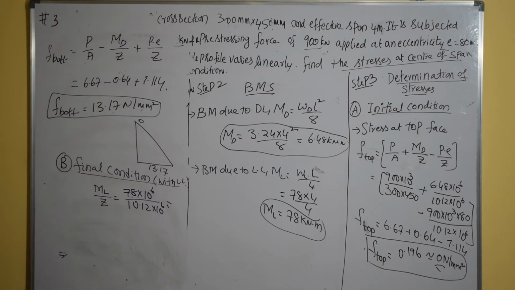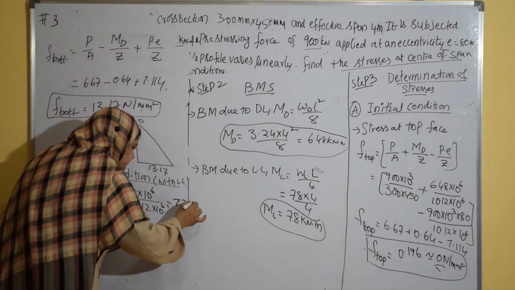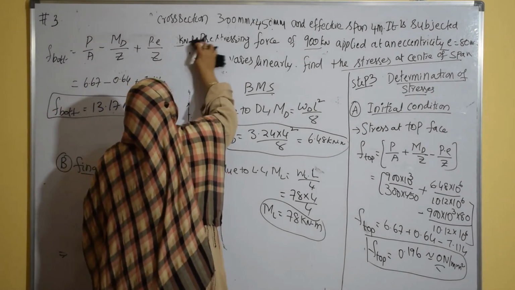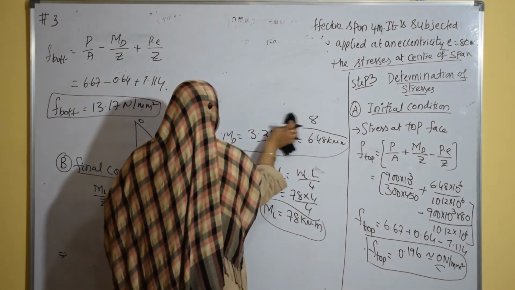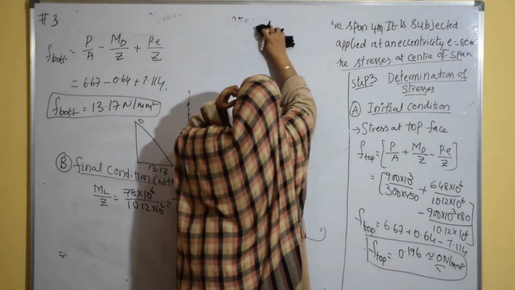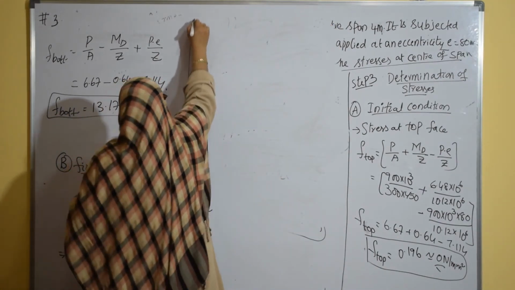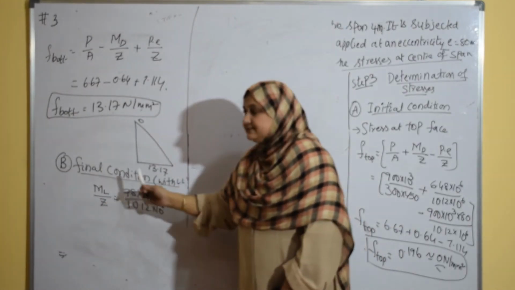So this is coming as 7.70. With this I get the stresses at top and bottom in the final condition easily, because I can place the values directly. Already we have done the initial condition. Only live load was not there, so I have separately found live load stress ML by Z.